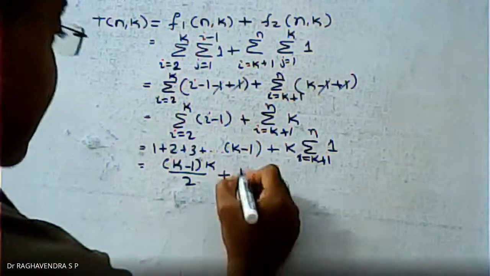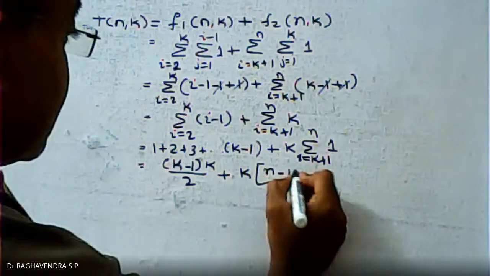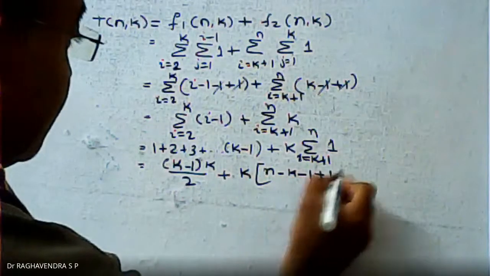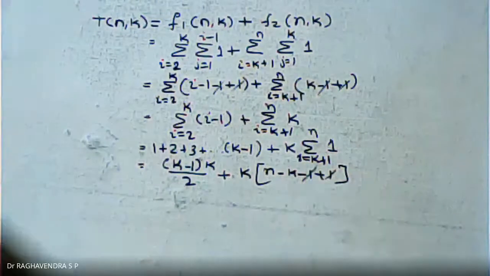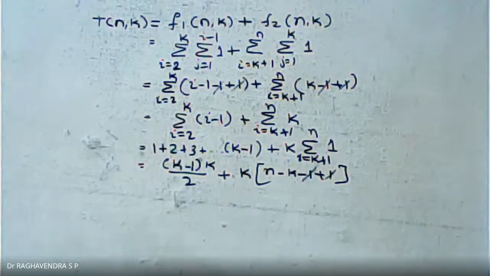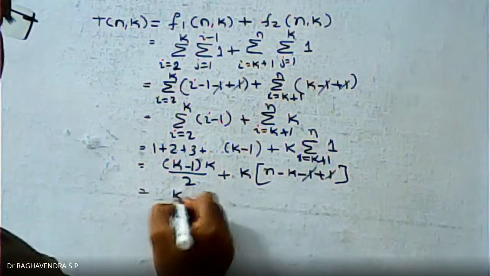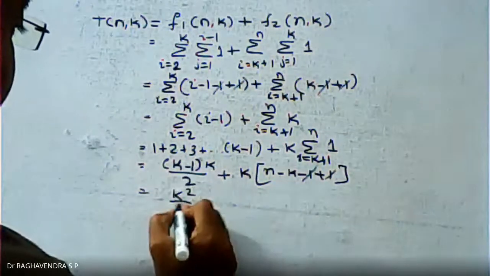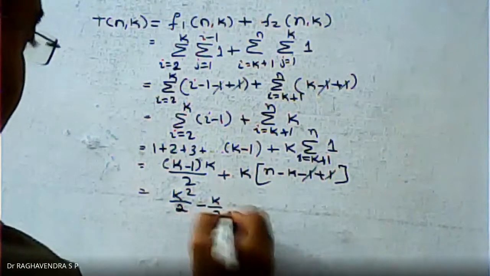Plus k into n minus k minus 1 plus 1. Once again this plus 1 minus 1 cancels. What remains, after multiplying, is k into k square by 2 minus k by 2.